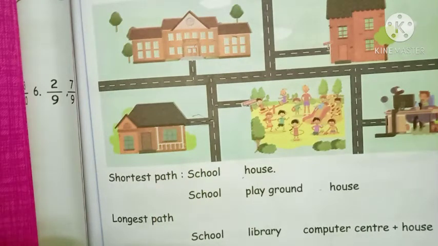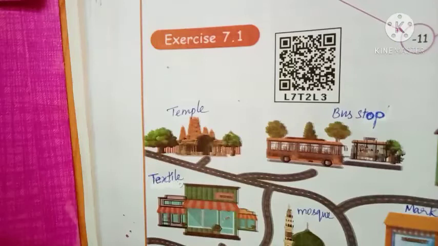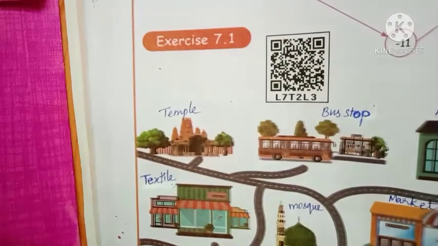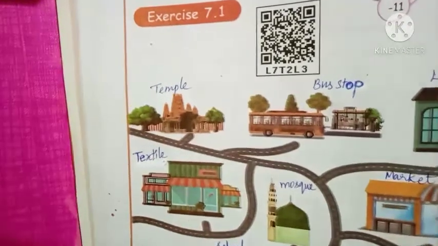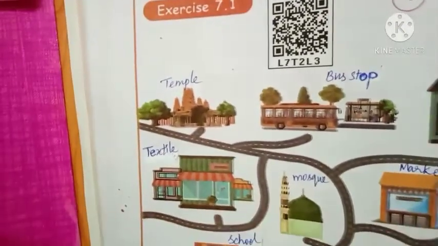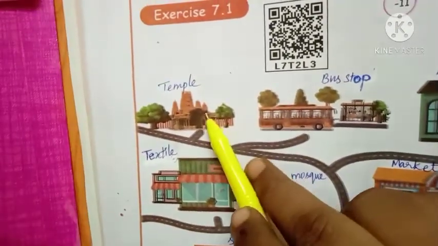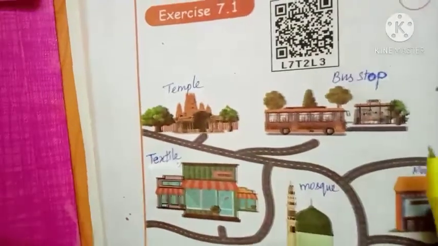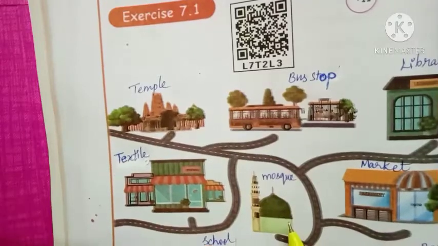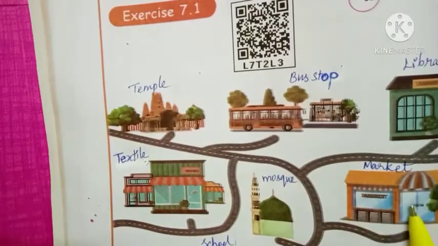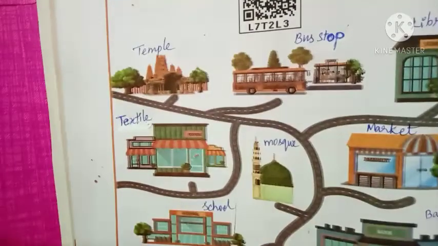This is for information processing. Exercise number 7.1. This picture is given here for real life. Temple, bus stop, library, textile, mosque, market, school, bank.